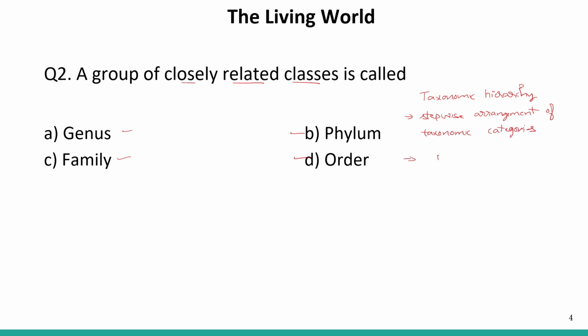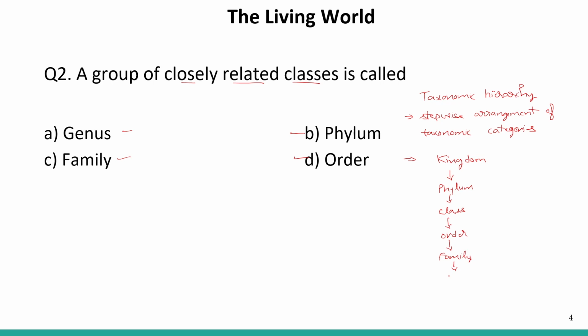Okay. So now let's talk about the different broad categories. First is kingdom, which is the highest taxonomic category. Then lower to kingdom we have phylum. Then we have the class. Then next to class is order. Then we have the family.